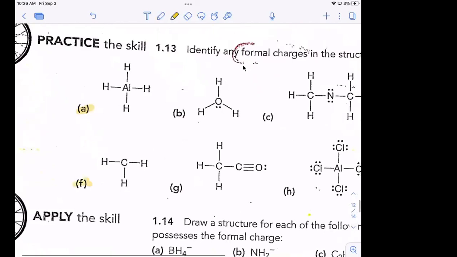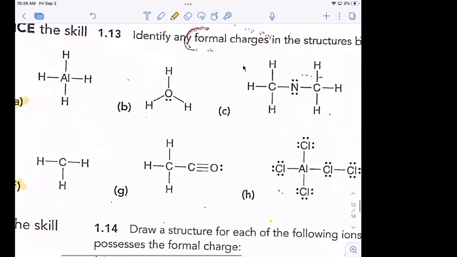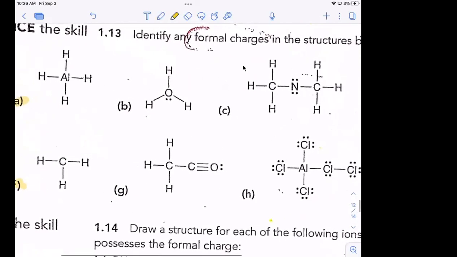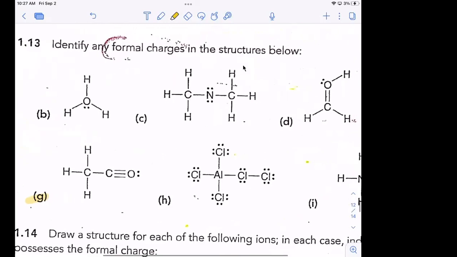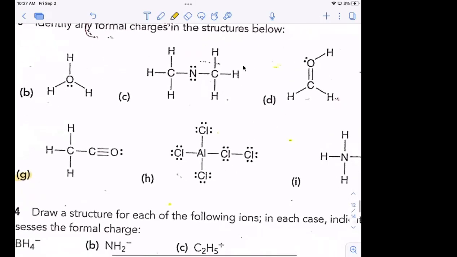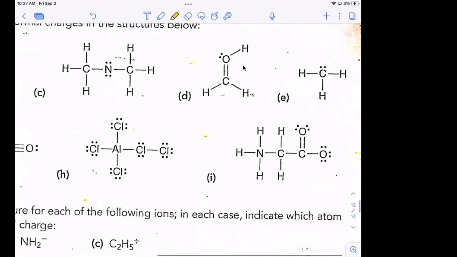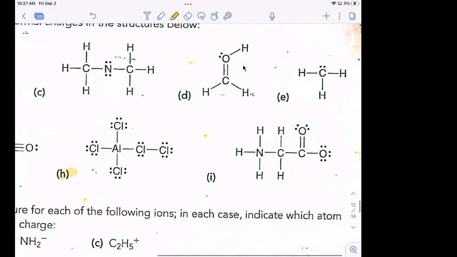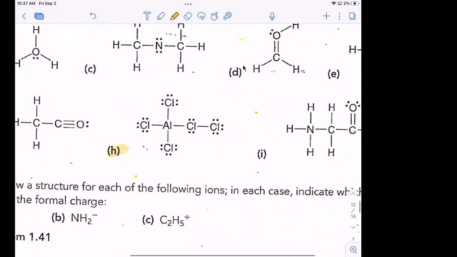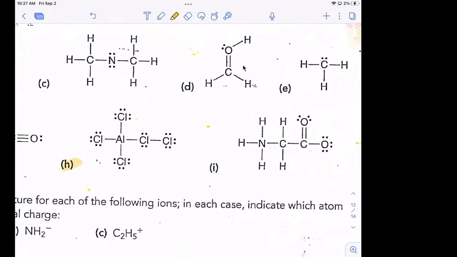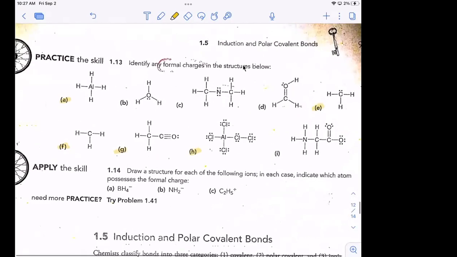A, F, G, and H. Actually, and E. That's more than a few, but we need to practice.